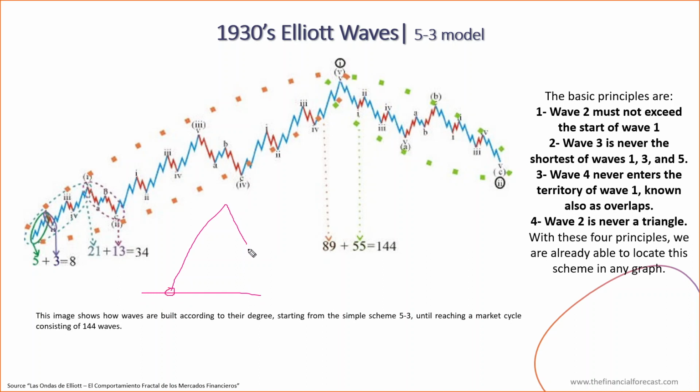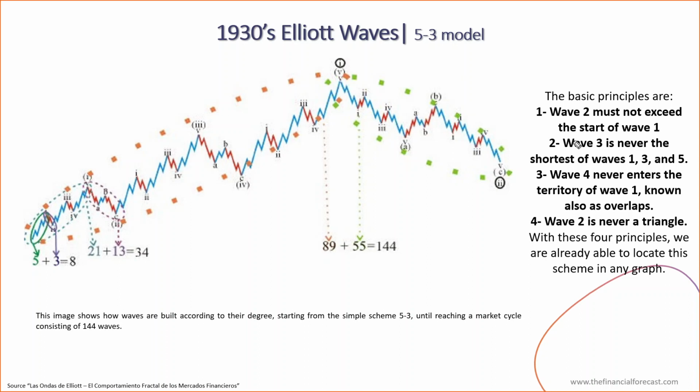Wave 2, in this case the corrective one, never exceeds the beginning of the first wave. So this can never happen. We can bounce at any moment, but wave 2 never retraces more than 100% of wave 1. If this happens, then this wave is not a wave 1. That's why this rule is very important.